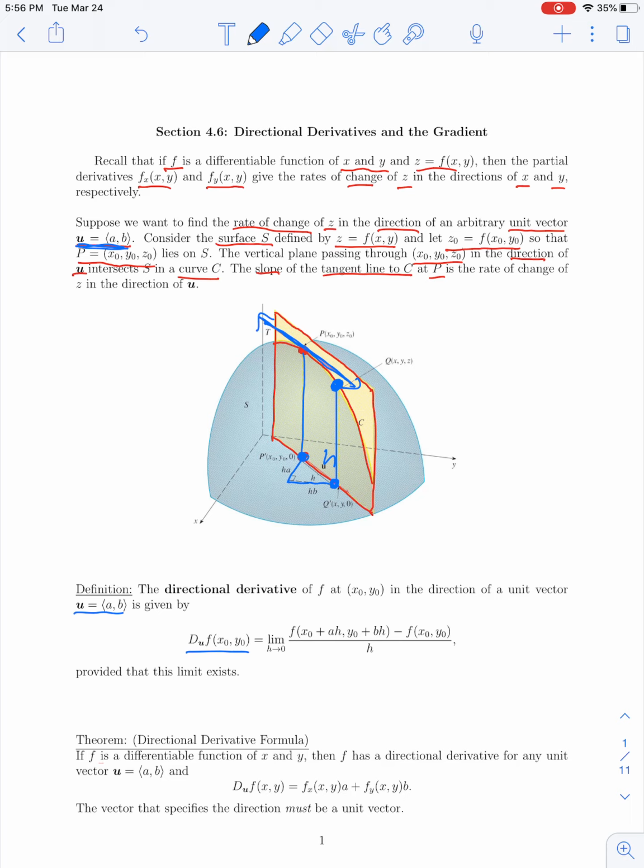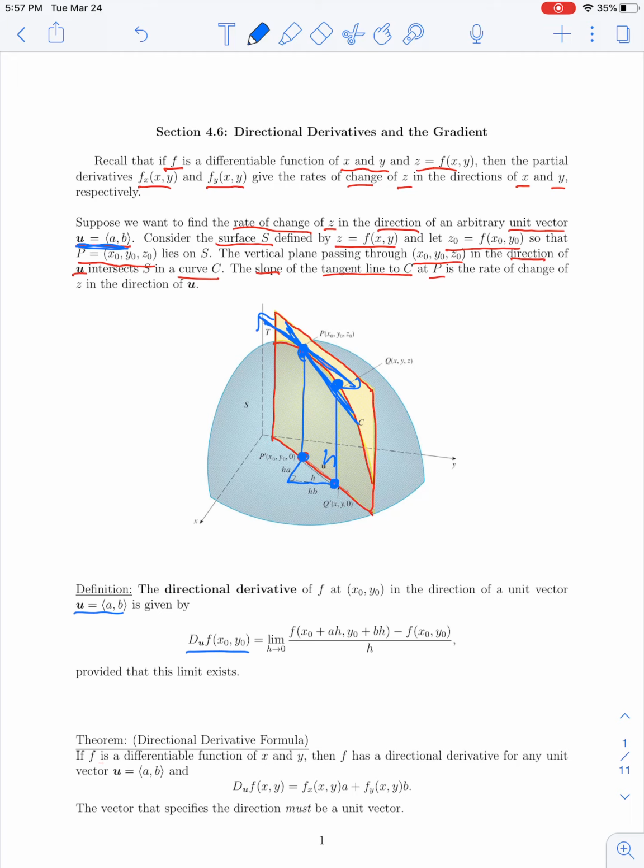And looking at my initial point, x naught, y naught, we get the point P on our surface. So I know how to find the slope of a line through those 2 points. And the slope of this line would be an approximation to the slope of the tangent line that we're after.